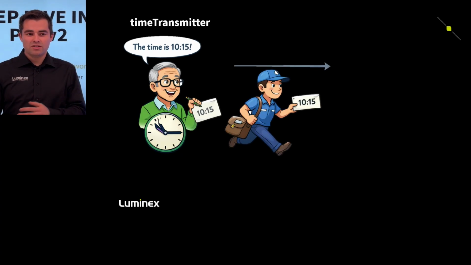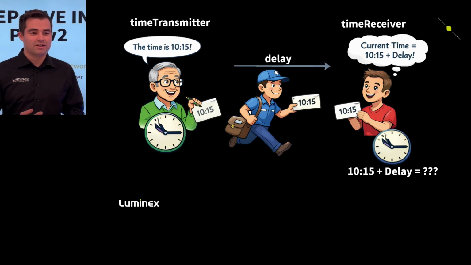But it will take some time for this message to arrive at the time receivers. It will have a certain delay. So the receivers' clock is running at a certain offset, not at the exact right time value. They will receive a message, it's currently 10:15, but they need to add a certain delay. And they don't know that delay, so they cannot immediately calculate the right time value at the moment that message arrives.